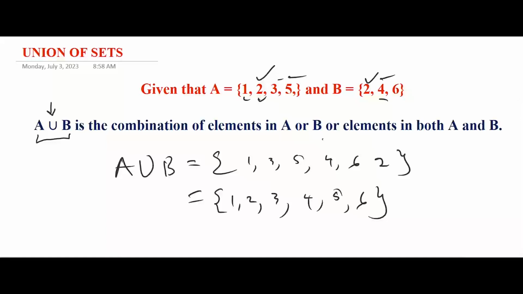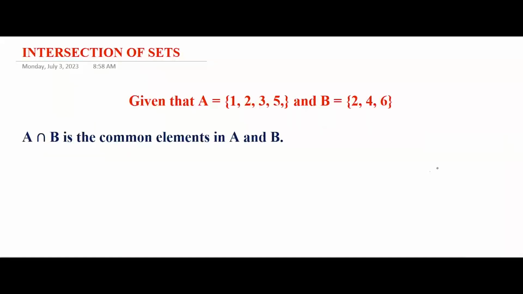The next one will be intersection. Given that set A equals this and set B equals this, what is A intersection B? Look at this sign here. It is the set notation for intersection. Intersection means the common elements.